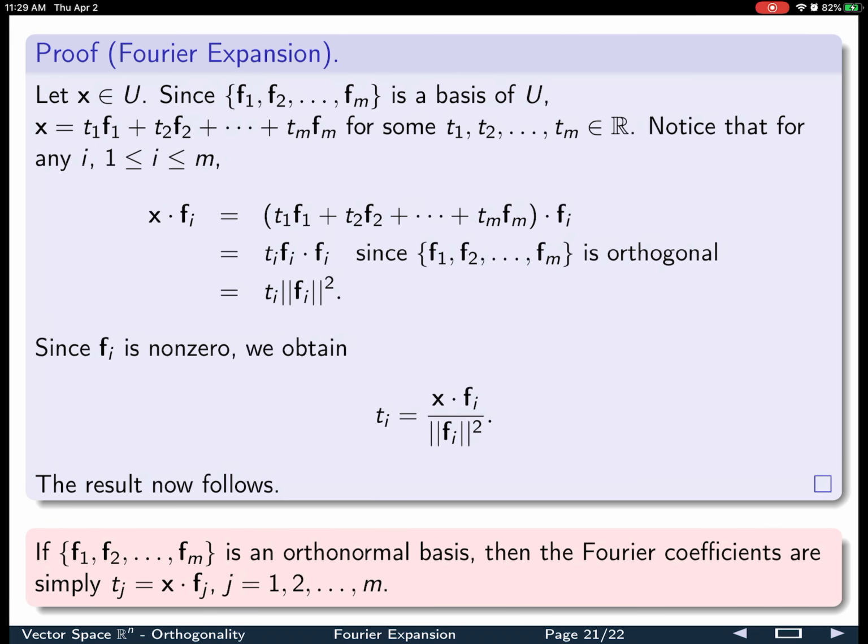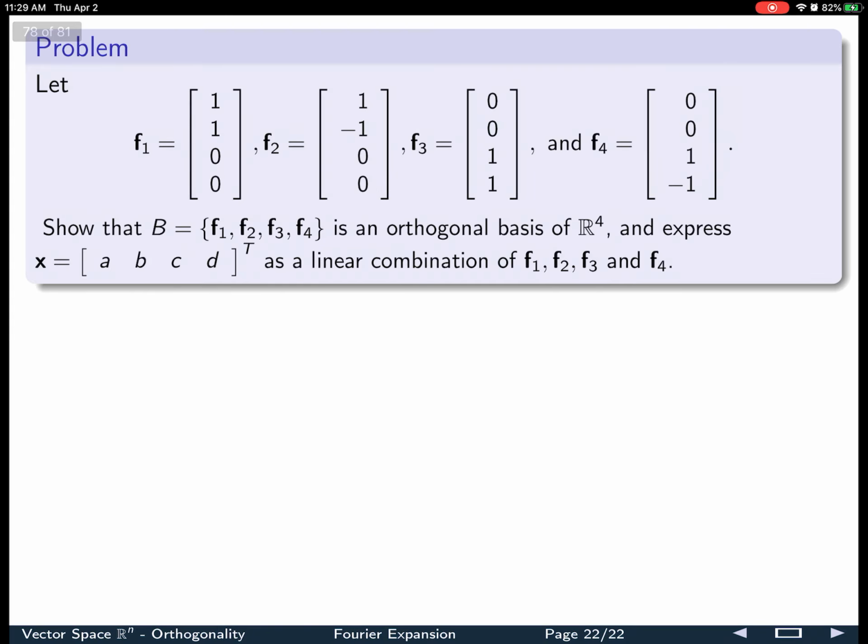It is worth noting that the projection formula simplifies quite a bit. I think I mentioned this earlier in the projections lecture, but yeah. If you are working with an orthonormal basis, you don't have to worry about dividing by the magnitude.